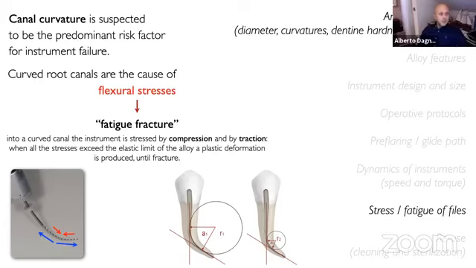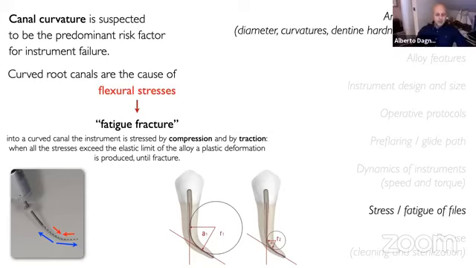For sure, canal curvature is the main risk factor we can find when we treat a root canal, because curved canals are considered the main cause for stresses of the file.